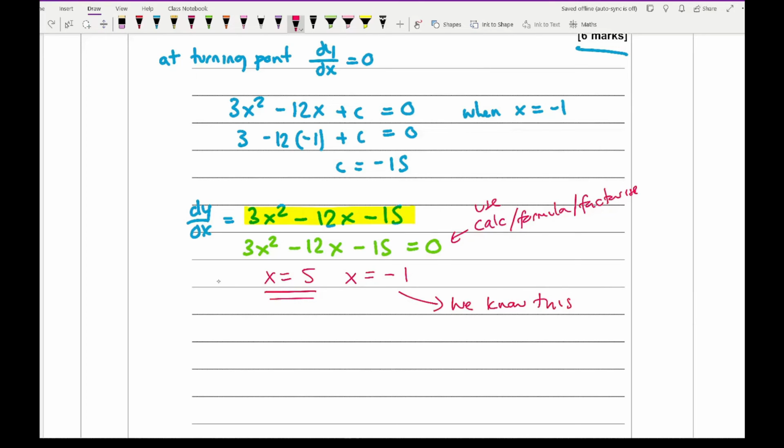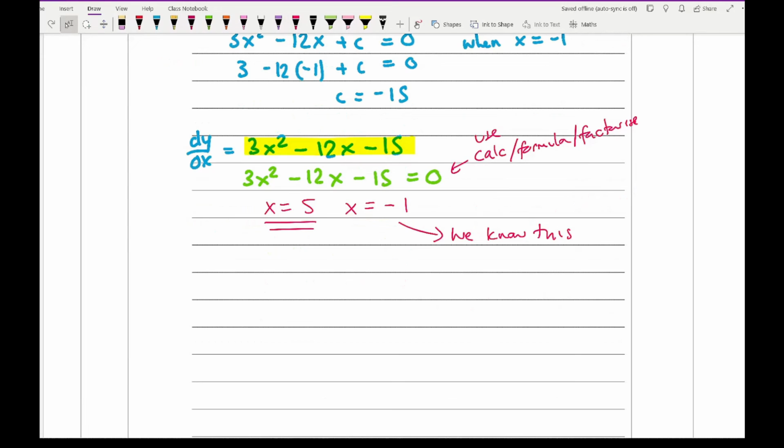So we then need to find what the original equation is going to be. Now that I know that the x ordinate is at x equals 5, I then need to find the y ordinate, and in order to do that I need to find the original equation. So for this, we know that dy over dx equals 3x squared minus 12x minus 15.